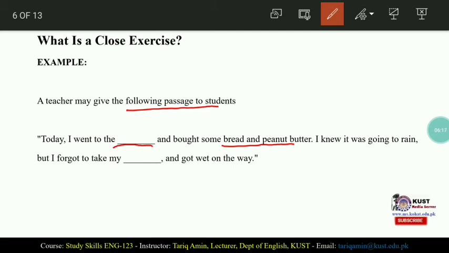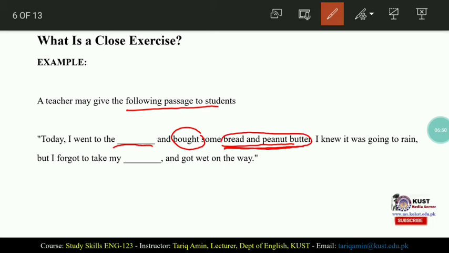Now you can use your prior knowledge and clues from the text, and you can fill these blanks. For example, you can use your own knowledge and knowledge from the text as well. Like, I went to blank and bought some bread and peanut butter. Now this is an important word, bought, and these are two important words, bread and peanut butter.